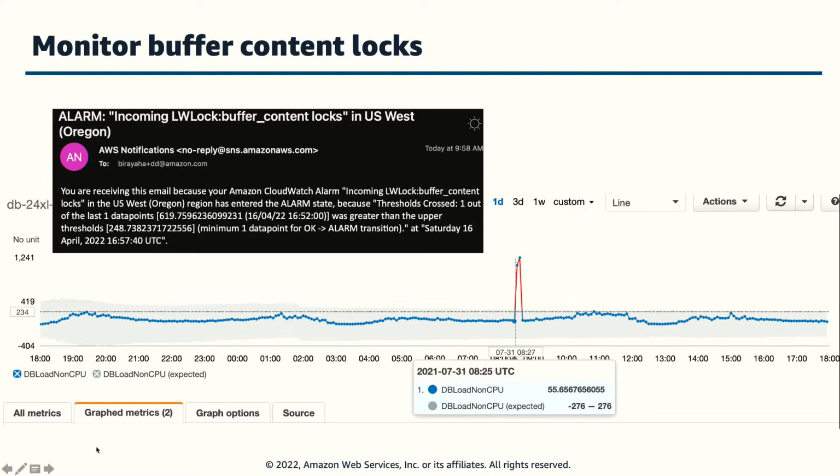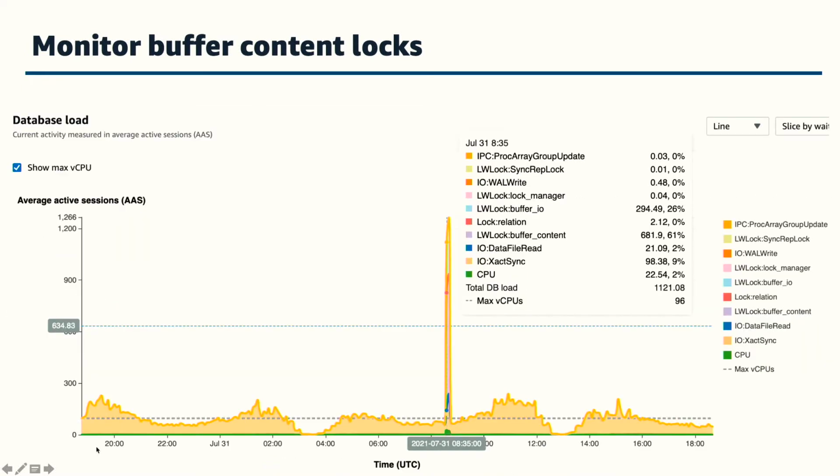And based on this, you can set up an alarm. The DBA sets up an alarm, and they get paged. And essentially, the next thing they're going to do is go into Performance Insights, and they can correlate the spike that they saw in the anomaly detection with the spike in Performance Insights.